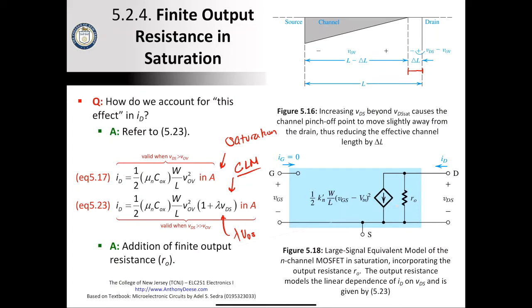I don't know if you remember, there was a slide maybe one or two classes ago where it was showing all the different models for the MOSFET, and I said we hadn't gotten to this one yet. Well, anyway, this is the one that we had not gotten to yet. Now, this is how you represent channel length modulation in the equation. And now if you want to represent it in the large signal equivalent model, we would take this RO, which used to be infinite but is no longer infinite, and give this a finite value.